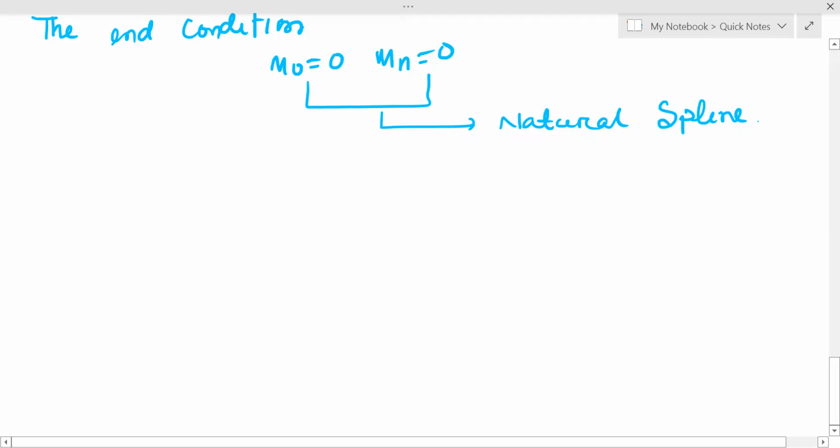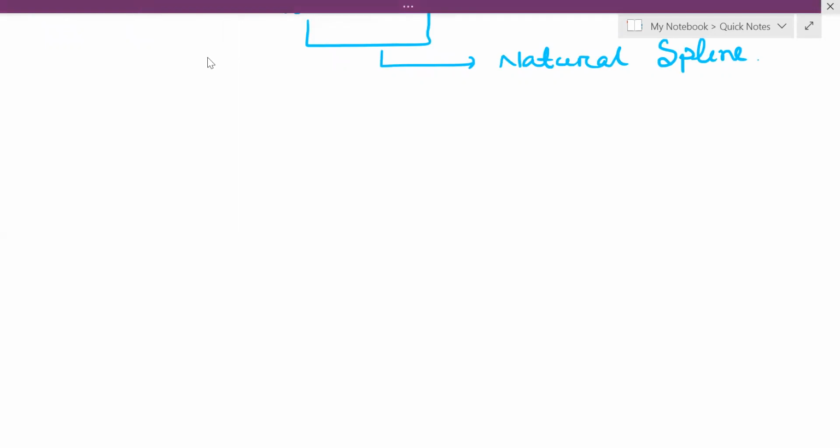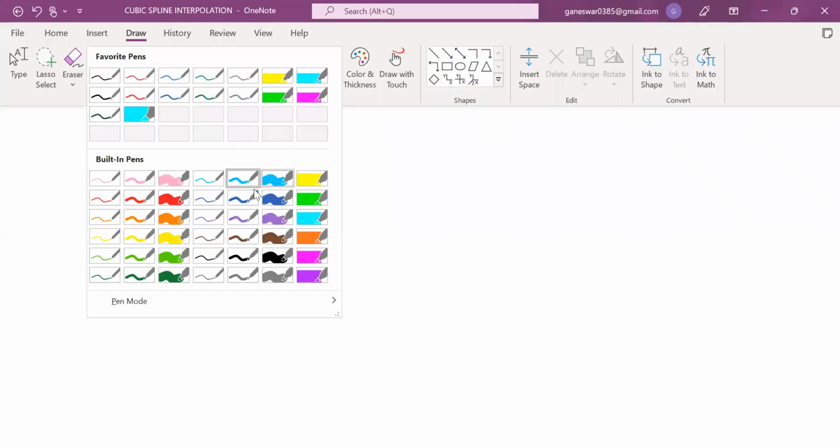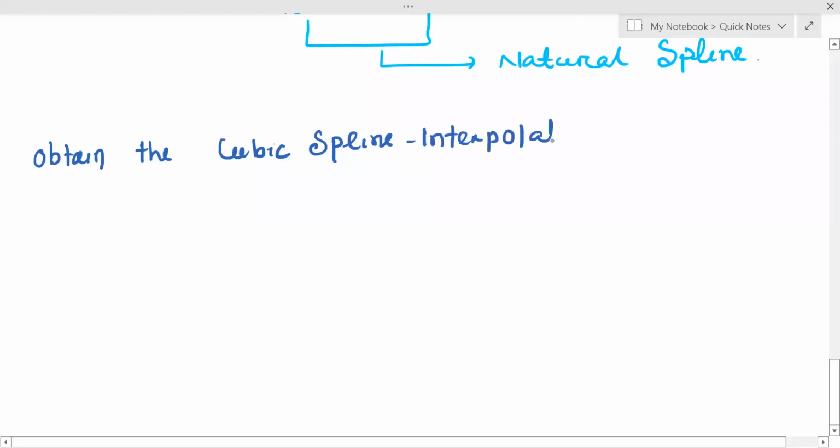Obtain the cubic spline interpolation of the following data.